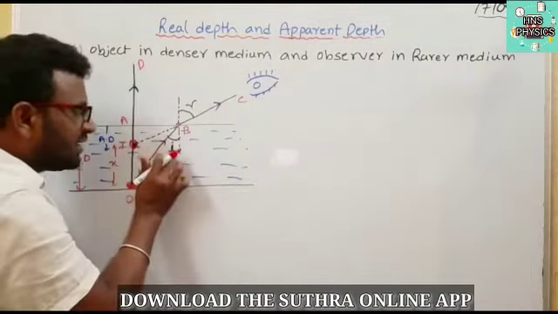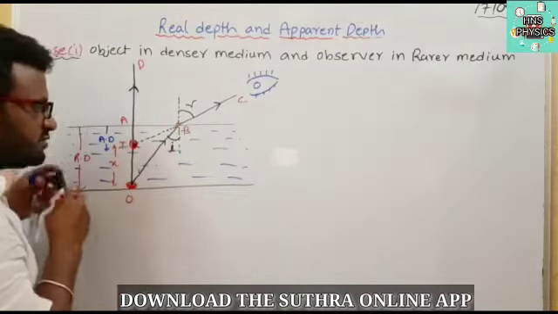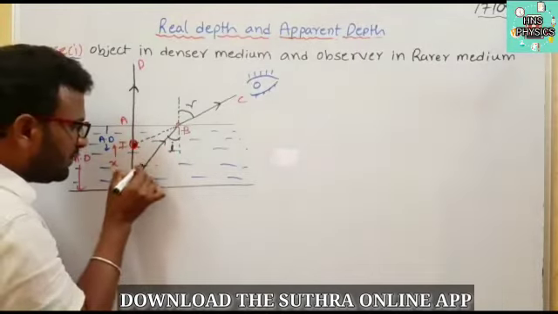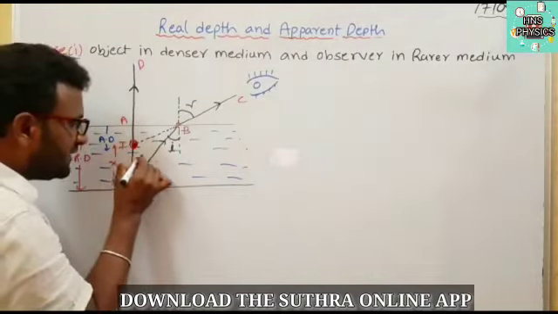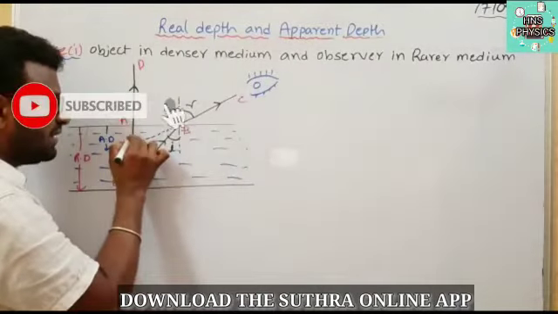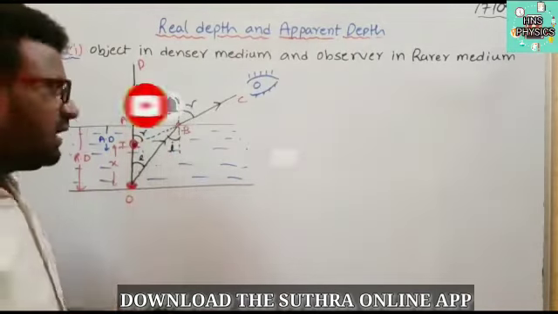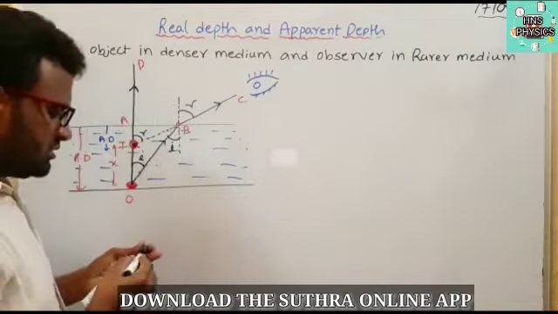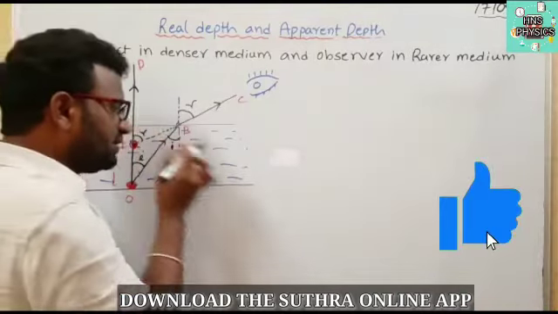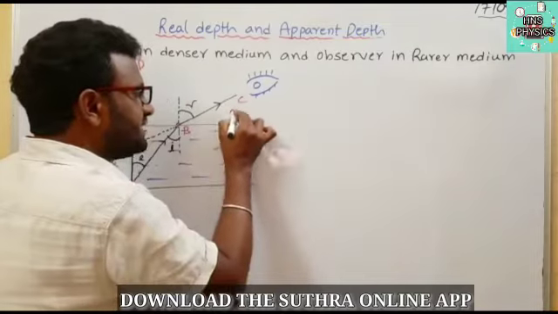Now this is the angle of incidence i, so this angle here is also i, because these two angles are alternate interior angles. If this is r, then this one is also r. Now according to Snell's law, I take this as the first medium and this as the second medium.